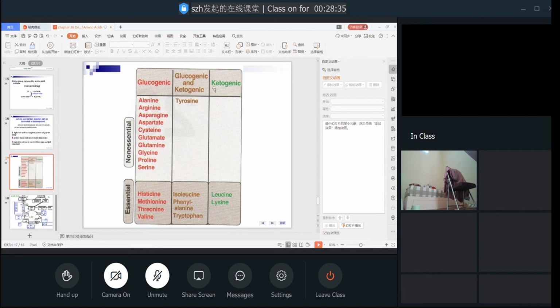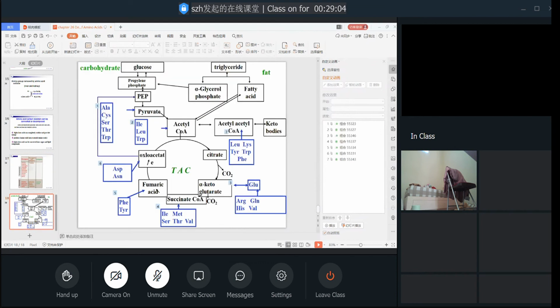And at the same time, some can produce glucose and ketone bodies: tyrosine and isoleucine, phenylalanine, tryptophan. And all can be synthesized into ketone bodies: leucine and lysine. All of these can be totally oxidized thoroughly.